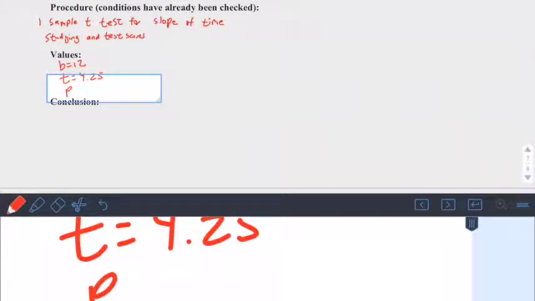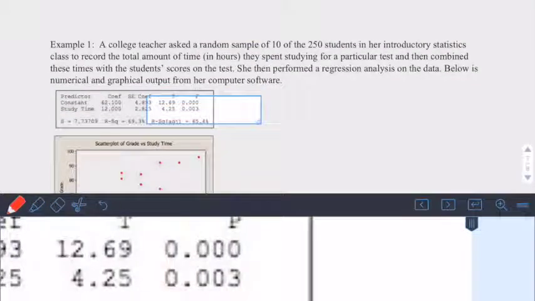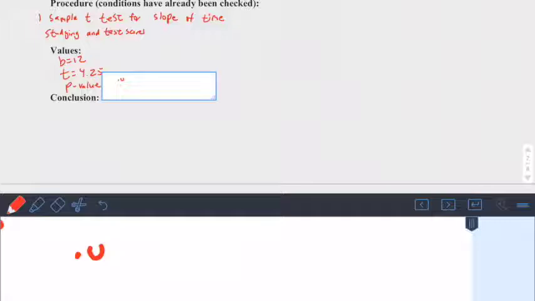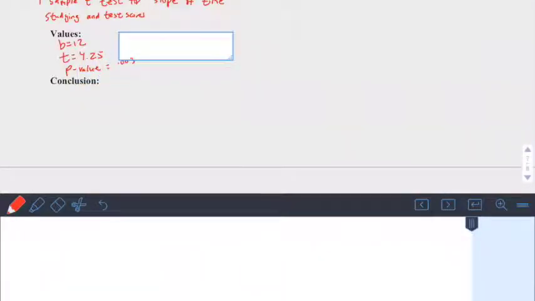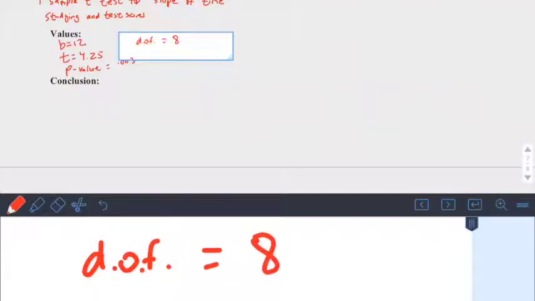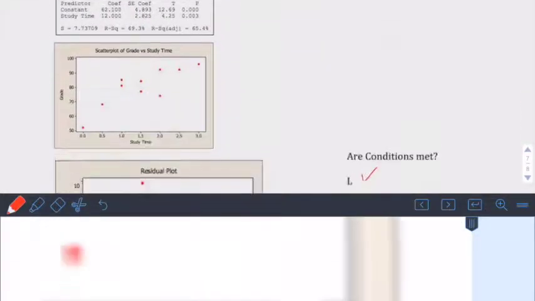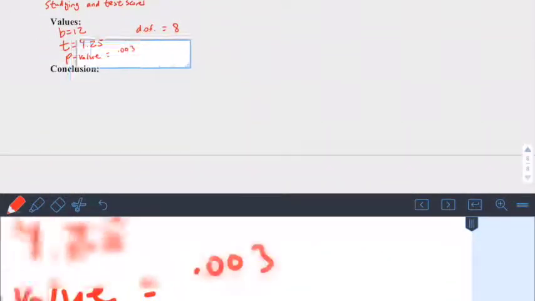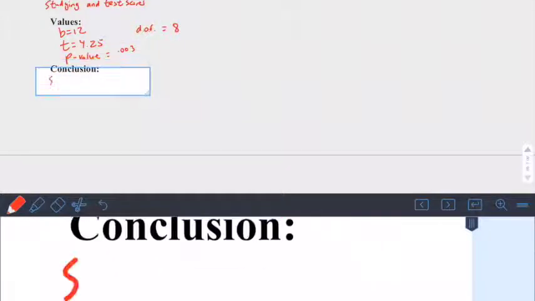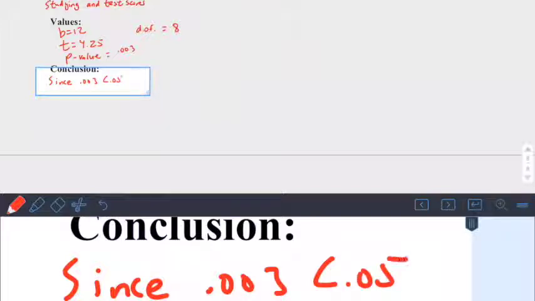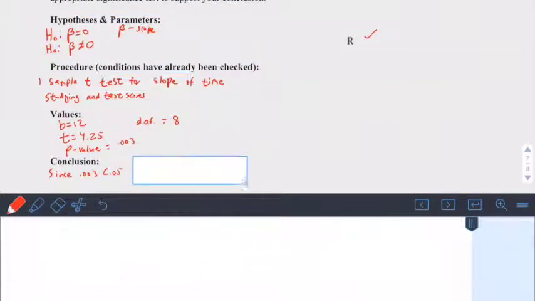We are given our p-value of 0.003, and then our degrees of freedom will be 8, right? Because our sample was size 10. So n minus 2. Well, that's it. There's no calculations here. Since 0.003 is less than 0.05, it usually will tell you what the level is. It didn't. It's okay.